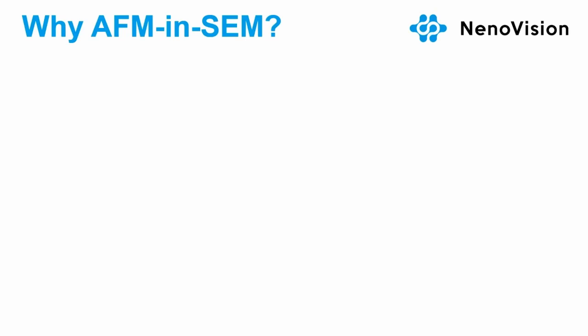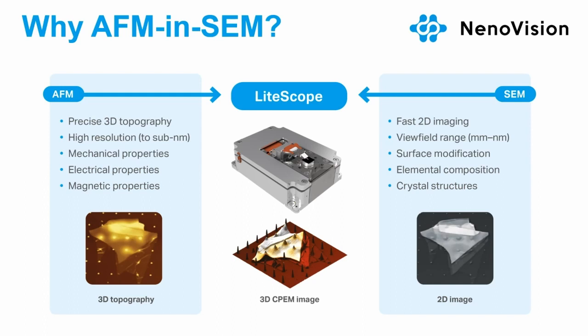If we raise the question why to put together AFM and SEM, I think the answer is quite obvious. We complement and take the best from both techniques. AFM is extremely good in precise 3D topography with a high resolution, but you can also measure mechanical, electrical, and magnetic properties.